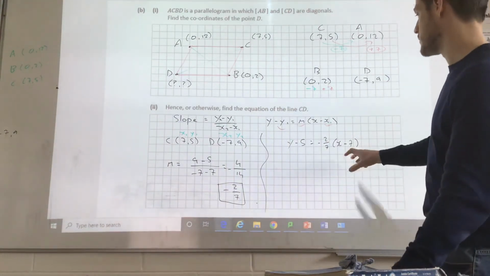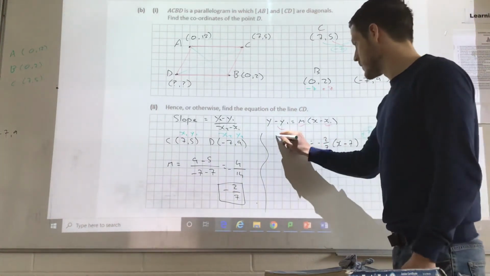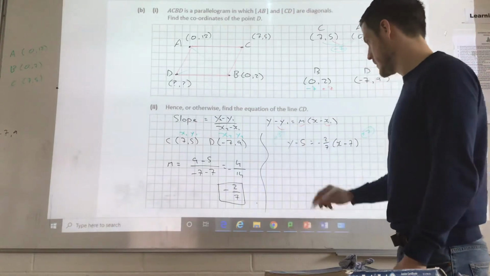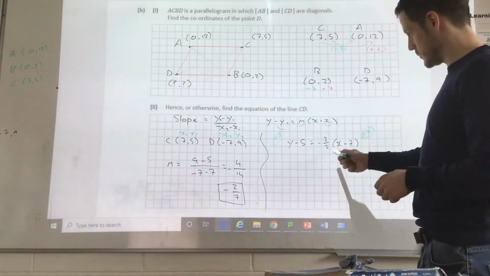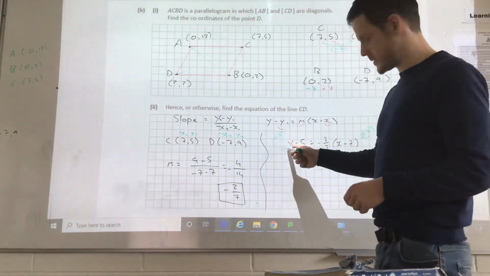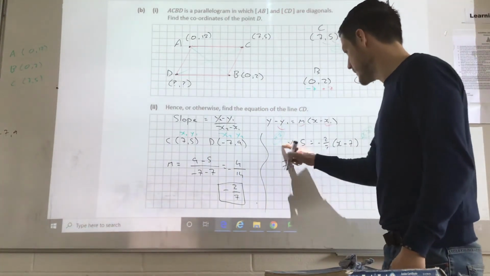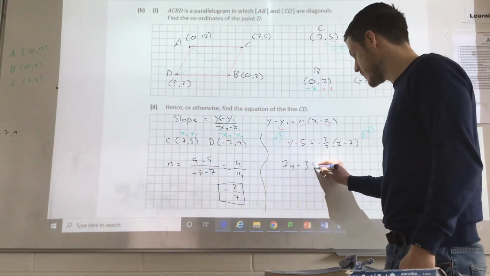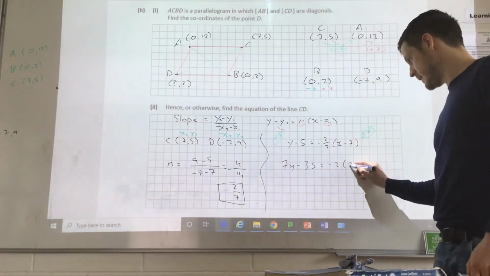And I'm going to times both sides of this by 7, because that gets rid of it. So I'm going to do times by 7 here, times by 7 here. Now, that cancels with that, so that goes away. So this side becomes 7y minus 7 times 5 is minus 35 is equal to minus 2 times x minus 7.